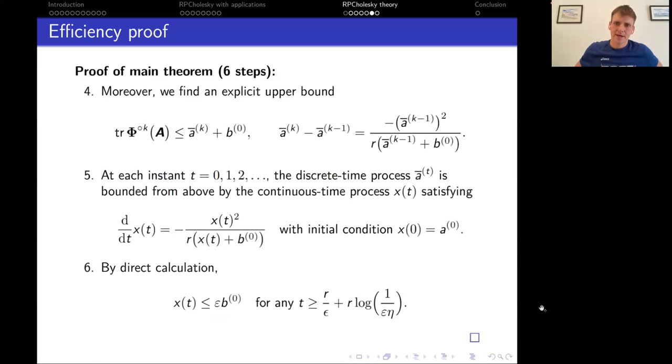And I am showing you an upper bound you can get where you just say, the B part, those small diagonal entries, well, they were decreasing over time. So let's just bound them from above by their initial value, B naught. But let's pay attention to those big diagonal elements, and let's bound them from above by an A bar k process defined by this difference equation.